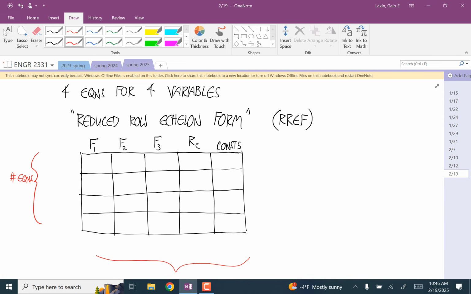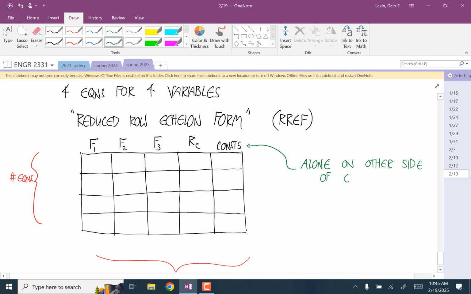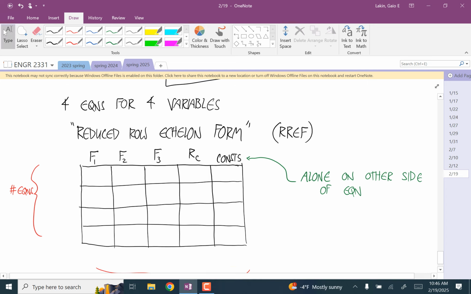And one thing you have to remember about these constants is those have to be alone on their own side of the equation. Okay, so let's go through and we're just going to put the coefficients of all these things in these places. And this will be our equation 1, equation 2, equation 3, and equation 4.